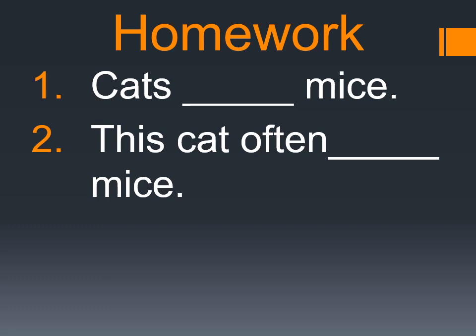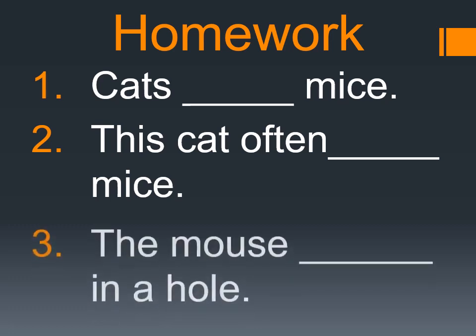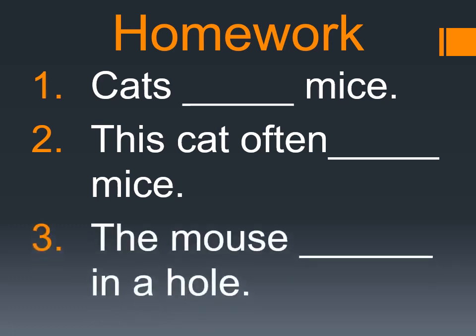This cat often dash mice. Means this cat often what does she do? This cat often eats mice. This cat often follows mice. The mouse dash in a hole. The mouse lives in a hole. Now the rest of the answers will be done by you only.